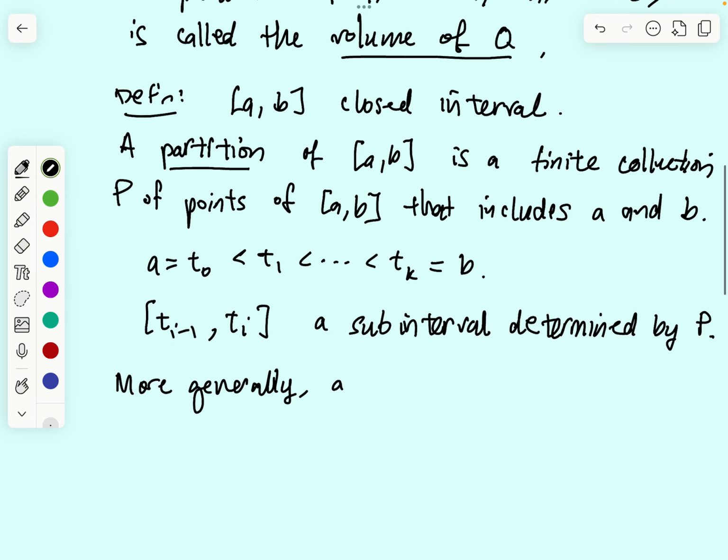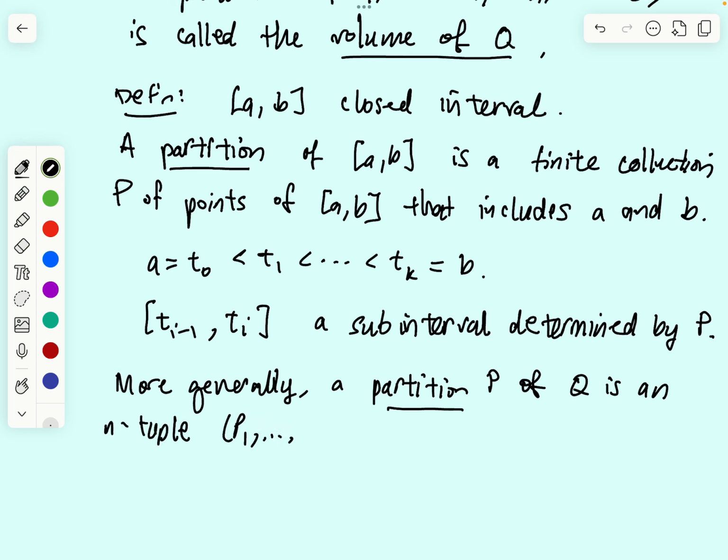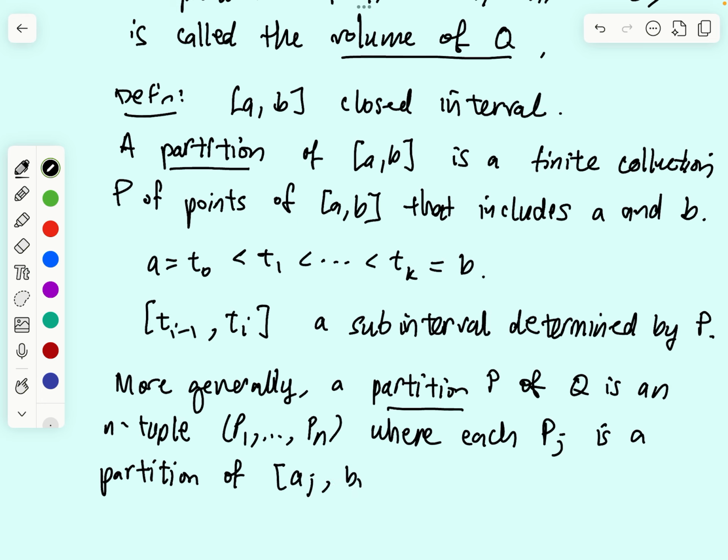Then a partition P of Q is an n-tuple P1 through Pn, where each Pj is a partition of the interval [aj, bj] for each j.